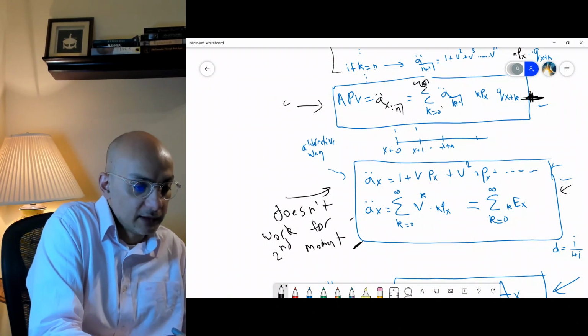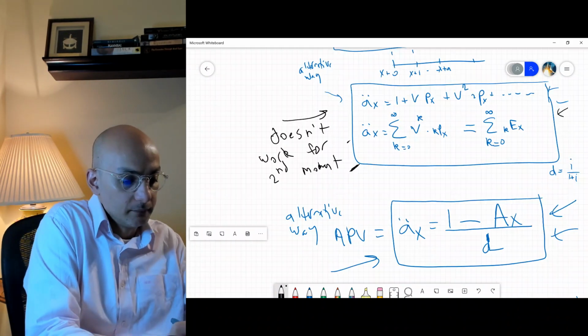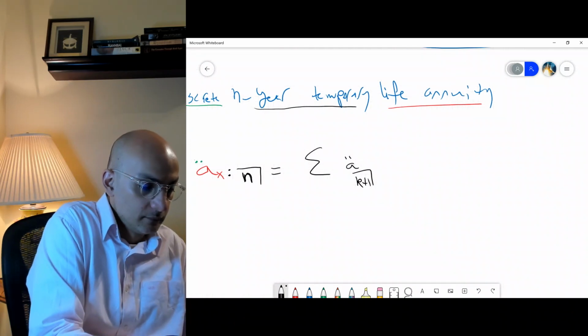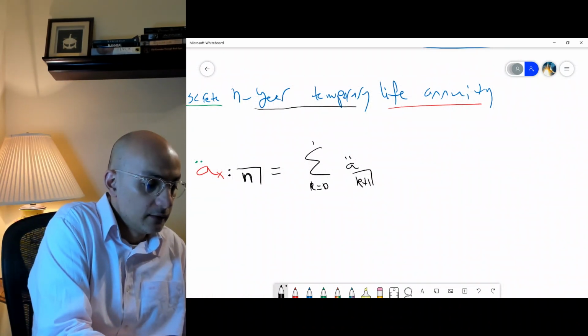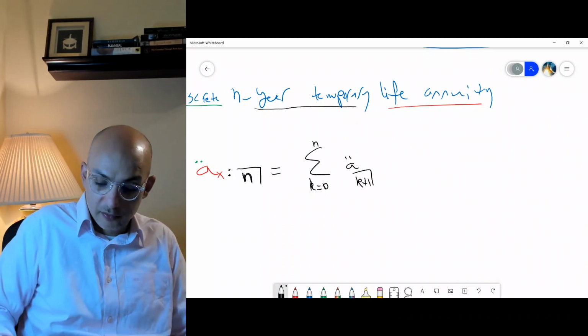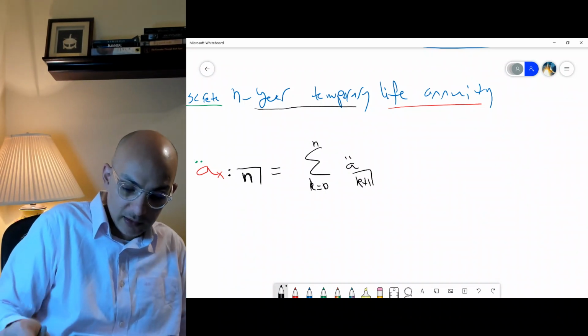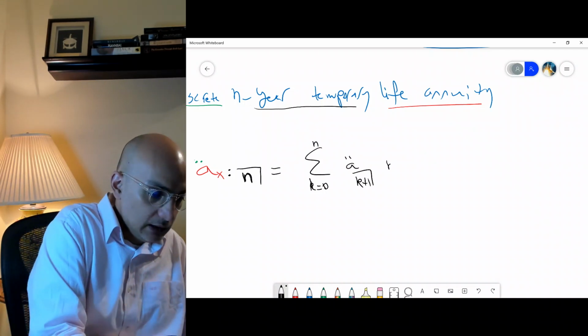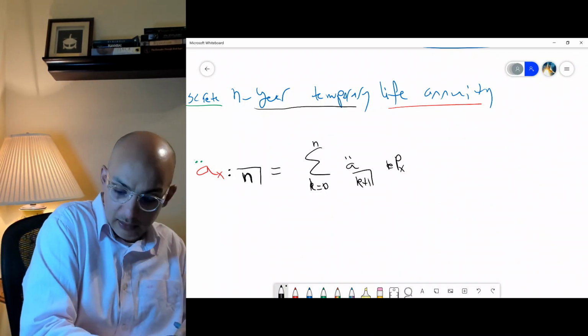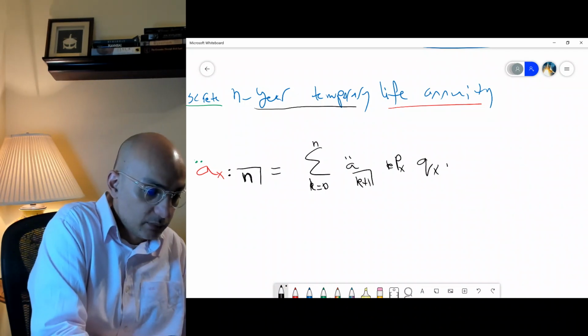Let me add it here. So k plus 1 from k equals 0 to n. Exactly what I did before. Then you add k p x, and then you add q x plus k.